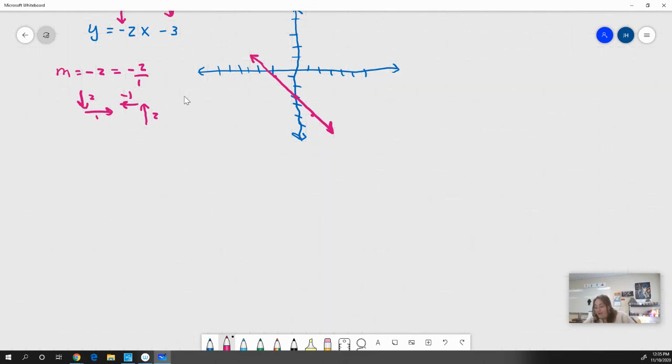What if I have something like y equals 1/2 x? What would my y-intercept be on this one? Excellent. It would be absolutely 0 because what are we adding to this? Nothing, right? 0 is nothing. So when we graphed this, sometimes I go fast and my graph turns out way better.